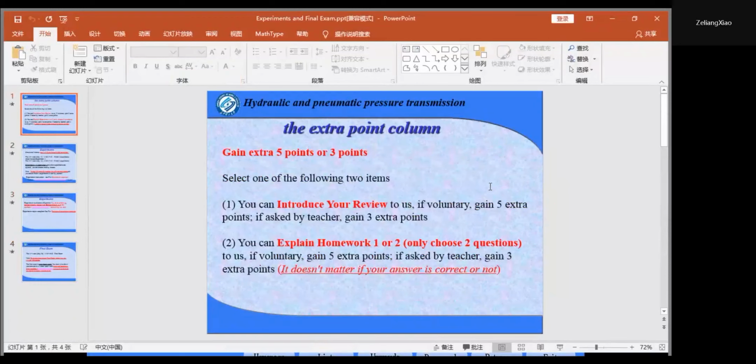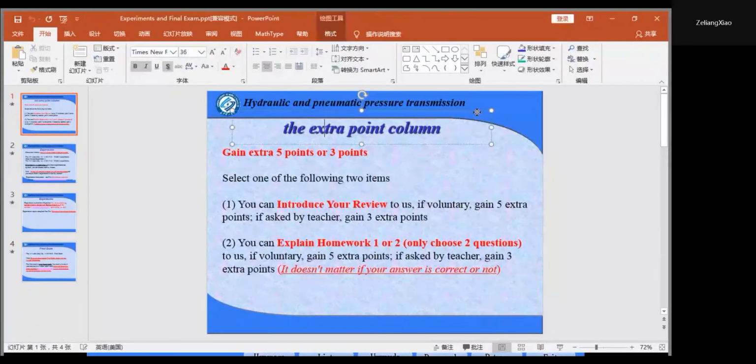First, the total score of this course is 100, and the final exam accounts for 50 points, and the usual performance including the homework, review, and the experiments accounts for another 50 points.